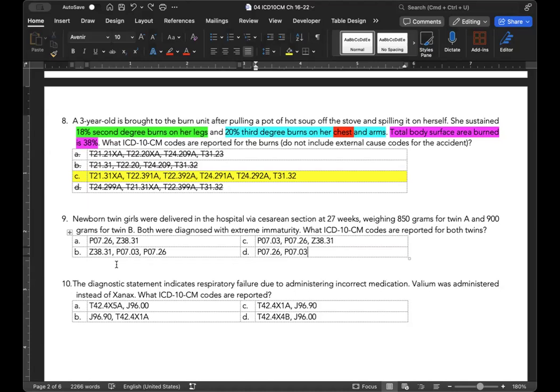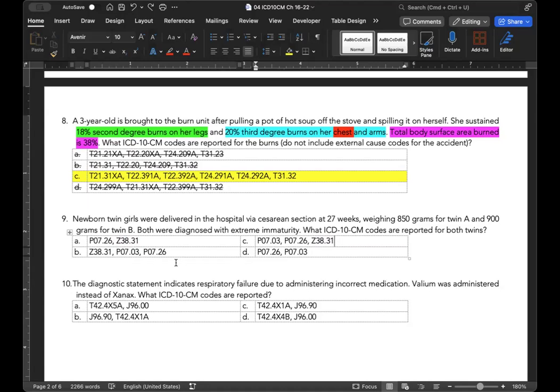That sentence, this code is for use as the principal code on the initial record of the newborn baby, is telling us that it has to be our first listed code. It cannot be second and it cannot be third. So Z38.31, if it's the first record, should always be first.